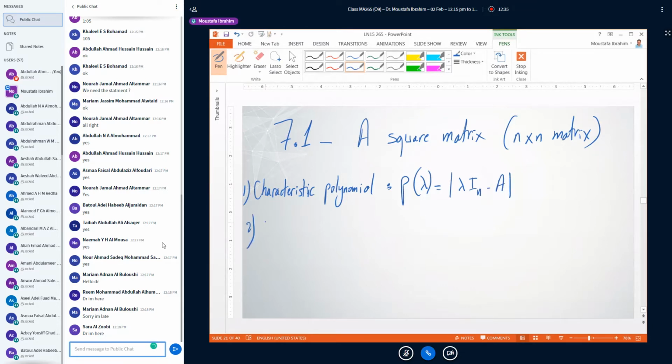We have seen how to find eigenvalues and eigenvectors. How to find eigenvalues? We take p(lambda) equals 0 and we solve the characteristic equation. This one we call the characteristic equation.